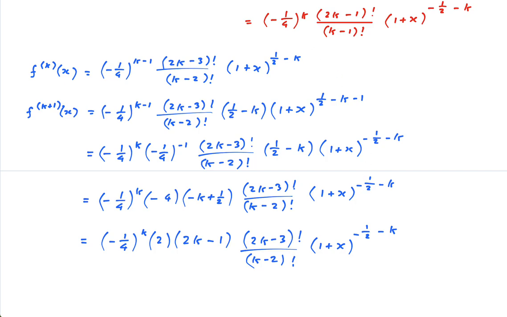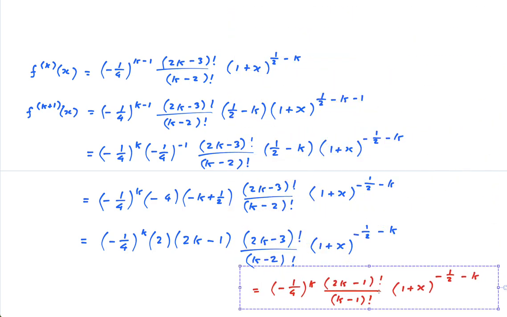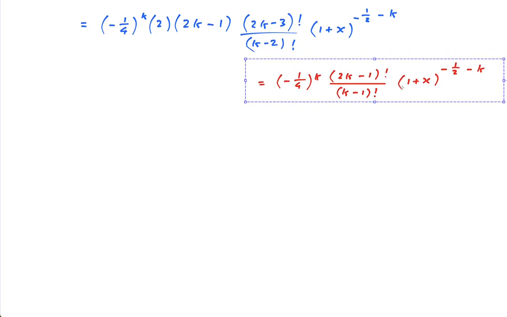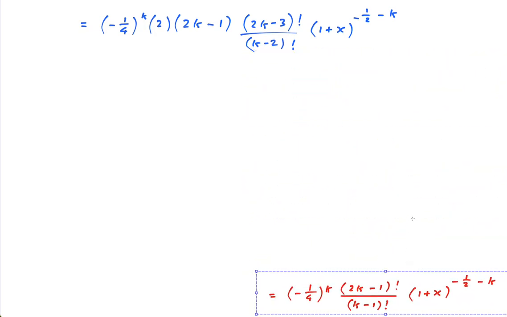Again, guys, I'm going to move this down so I always have it in view. I'm always looking at this to think, how can I get to this?